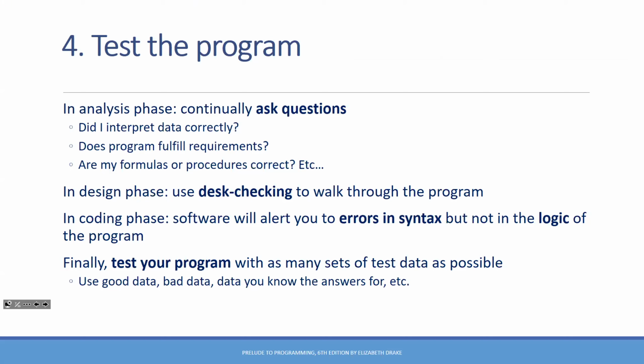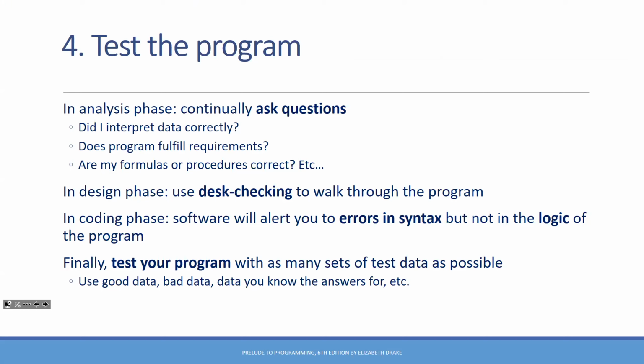When somebody has a problem, you might ask them, did you use the correct formula? Could we step through it and see if there's a problem with it? So when we want to step through something, we call that desk checking. I want to sit down and I'm going to look at the code and decide if everything looks right. When we're coding, our software that we're using is going to alert us to errors in syntax.